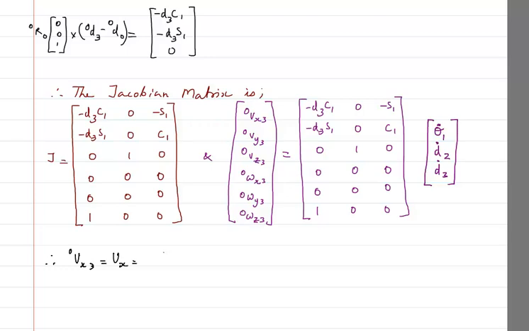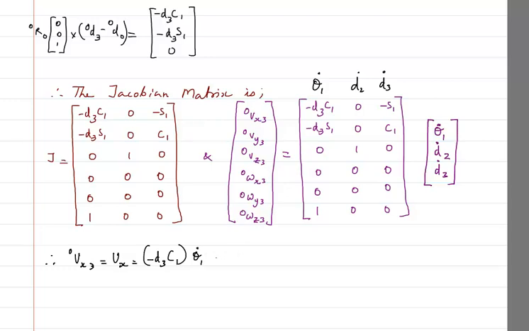Okay, according to this equation, I have to multiply both of these. For the sake of multiplication, this one will be theta dot, this is going to be multiplied by d2 dot, this is going to be multiplied by d3 dot. So now based on this equation, vx will be minus d3 c1, that is c theta 1, theta 1 dot, that is d theta 1 by dt.